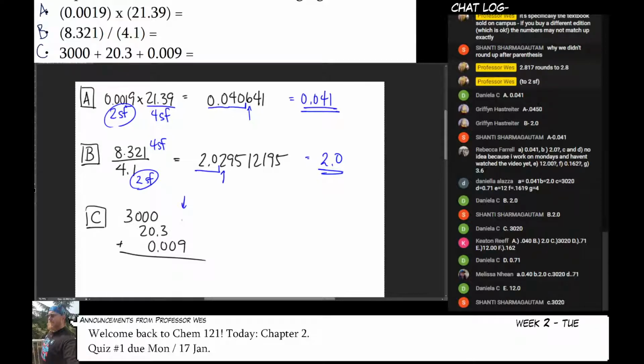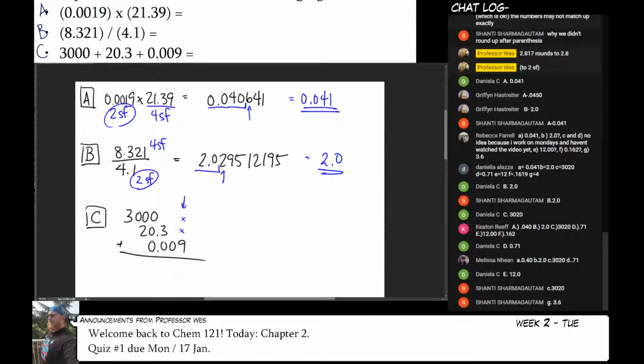If I start here, well, this is no good because these are blank. Those aren't sig figs. Same thing here. When I get to the ones place, though, this is not a sig fig. This is a placeholder. In fact, none of these are sig figs. They're all placeholders. This is the first place where there's a known number in each of these. These are known to be 0, right?